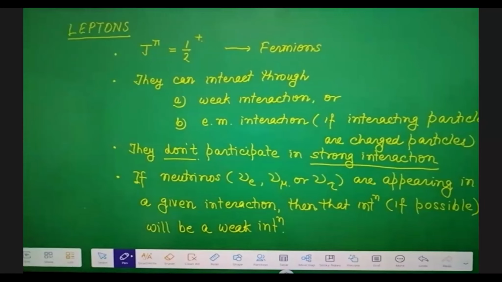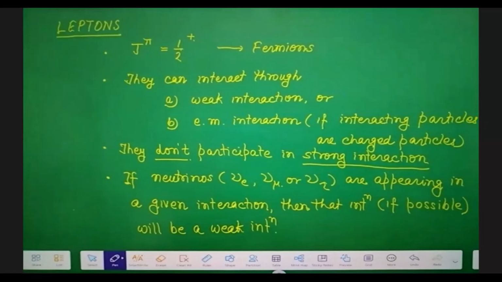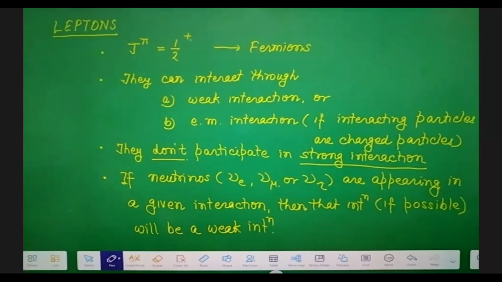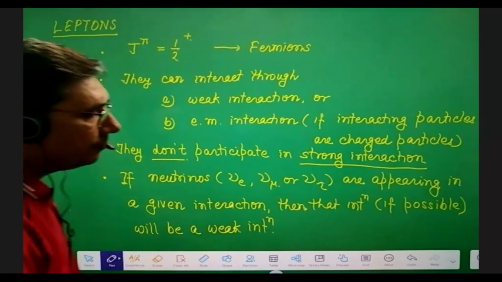Leptons are made up of three categories. If you look at leptons, they are made up of three categories. Here, I'm writing leptons.